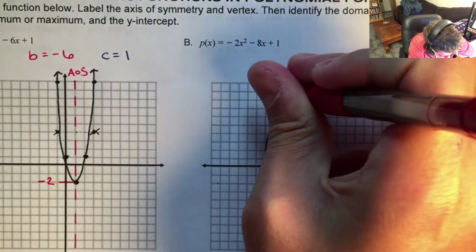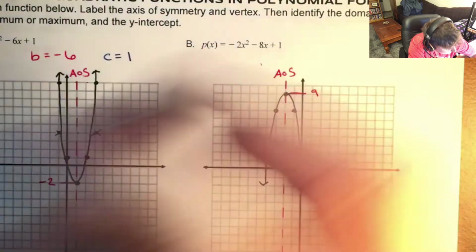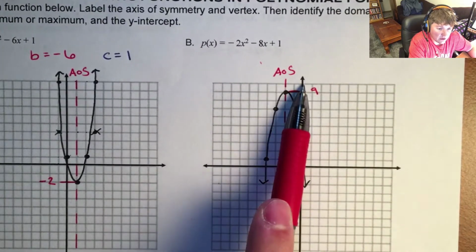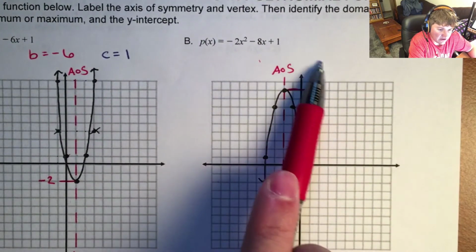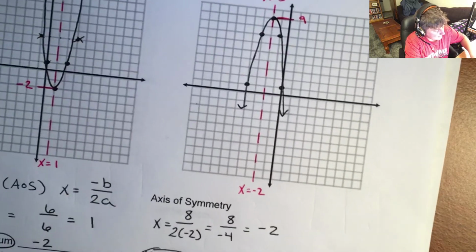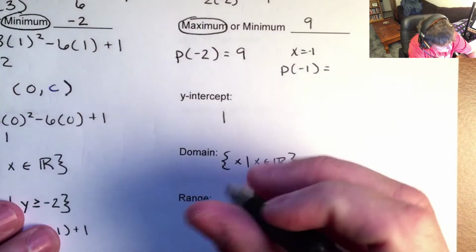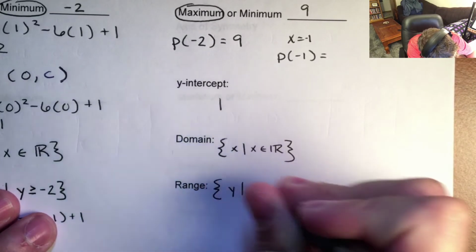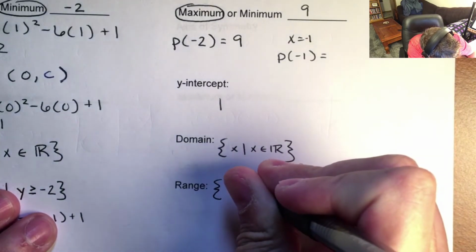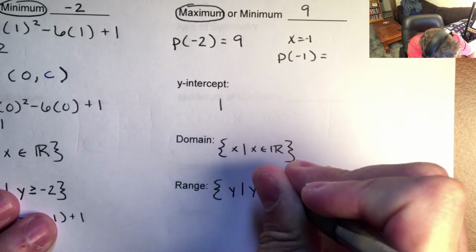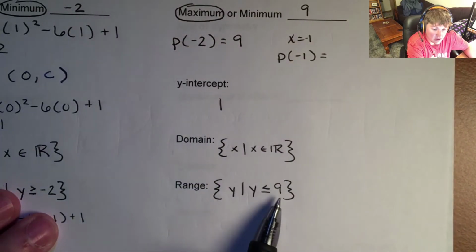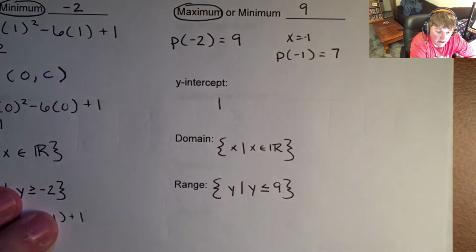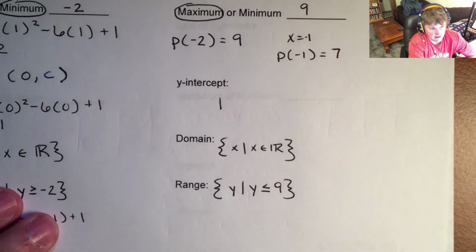It's up here at 9 as the y value, and all the y values associated with it are less than this value. There's none above it, meaning that the range for me is going to be the set of y values such that y is less than or equal to 9, because it starts at 9 and all the y values are less than that.